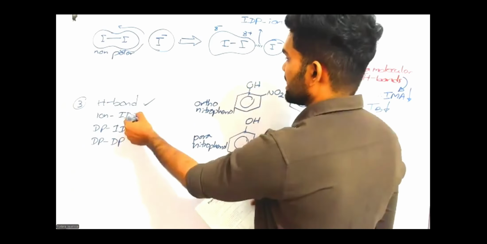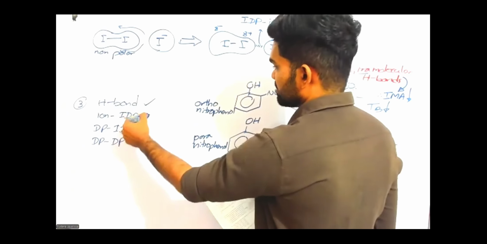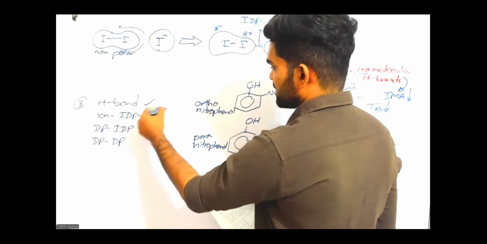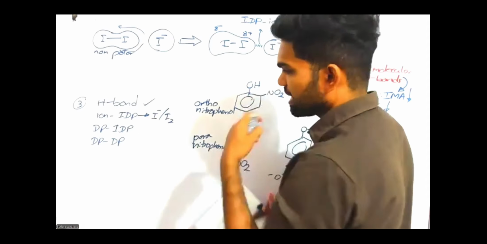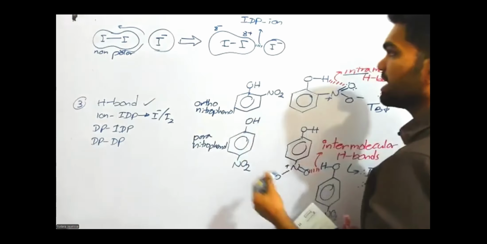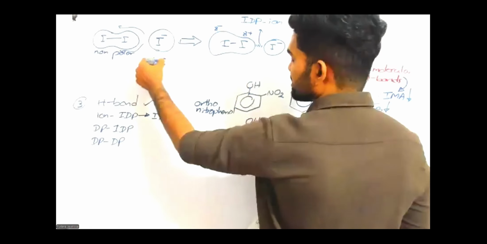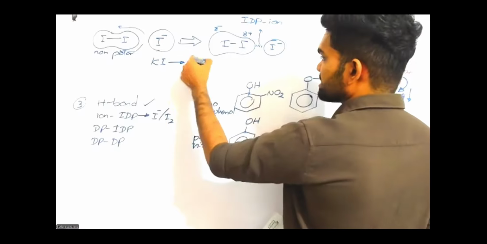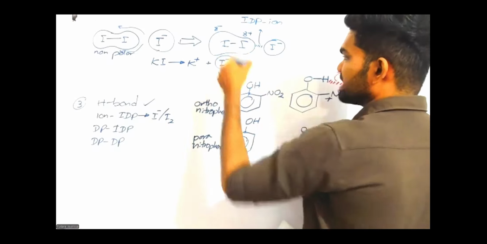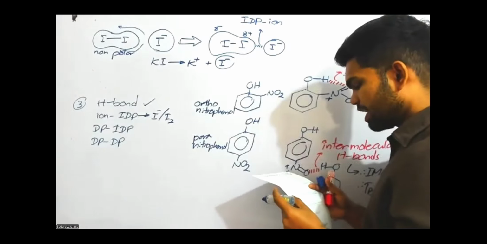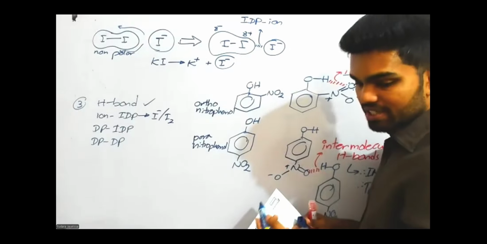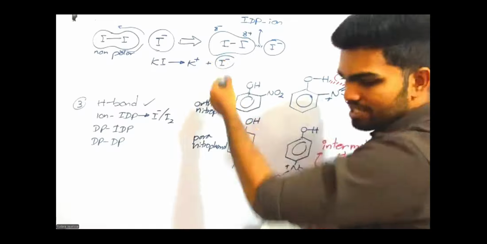So this will be I minus and I2. KI is an ionic compound, no? So KI is fully dissociating to give you K plus and I minus. So it's basically I minus, that's what you need to understand. And K plus also can make similar attractions, okay?